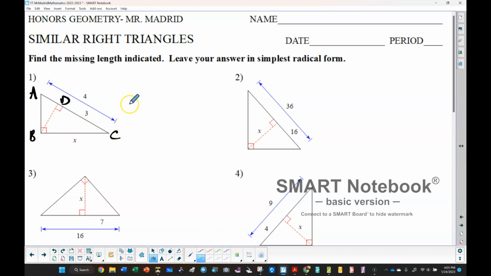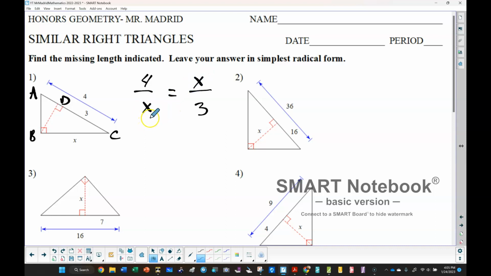So I can see that I'm given this hypotenuse, 4. And I'm already thinking ahead that this 4 can be compared to who? This 3, right? And who would be the geometric mean? It would be the what? Hypotenuse, the leg, adjacent, so x.